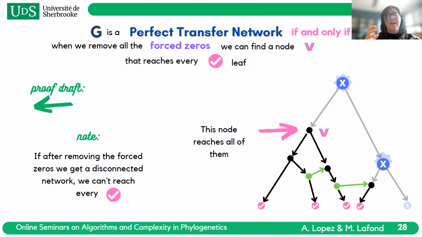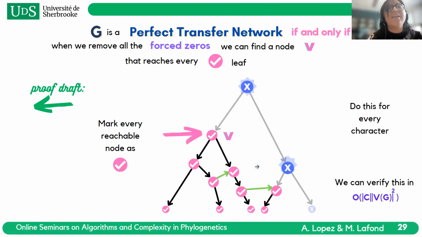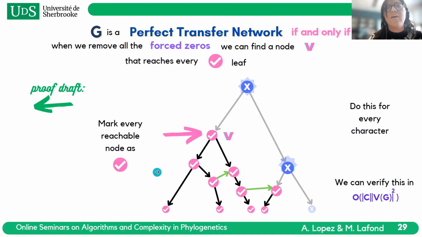But if we get a connected network after removing all the force zeros, then we should be able to find a node V that reaches every on leaf, for example, here. So the strategy is to pick this node that reaches every on leaf and mark every reachable node as an on. And if we do this for every character, then we can verify in polynomial time whether an arbitrary network is a perfect transfer network or not.